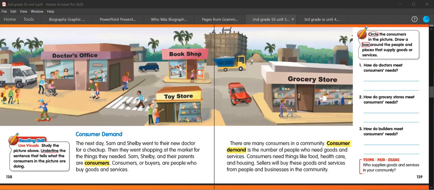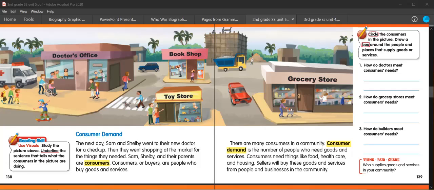Consumer demand. The next day, Sam and Shelby went to their new doctor for a checkup. Then they went shopping for the things they needed. Sam, Shelby, and their parents are consumers. Consumers are people who buy goods and services. There are many consumers in a community. Consumer demand is the number of people who need goods and services.